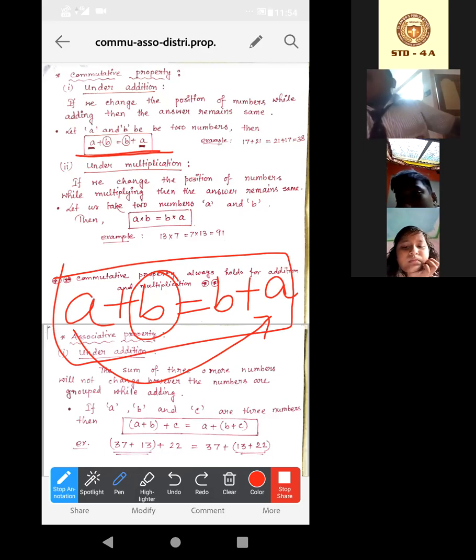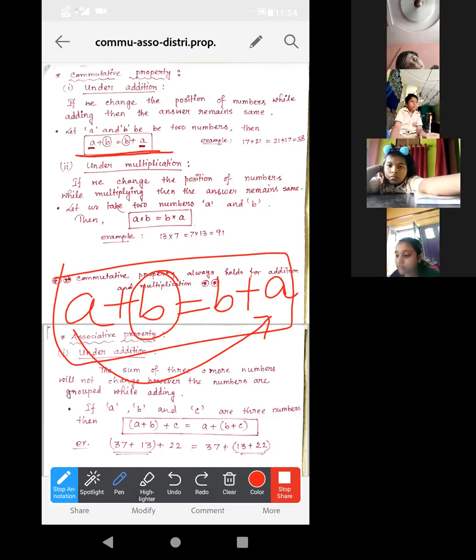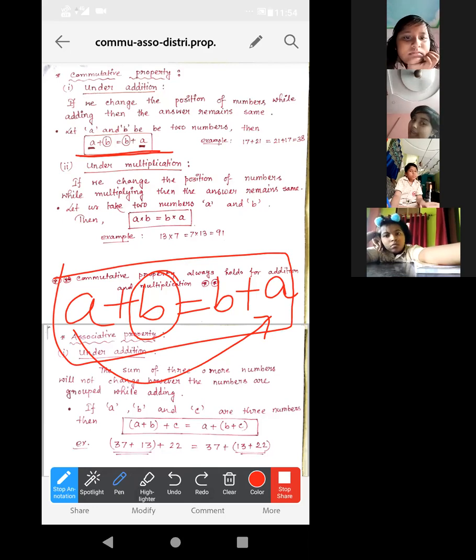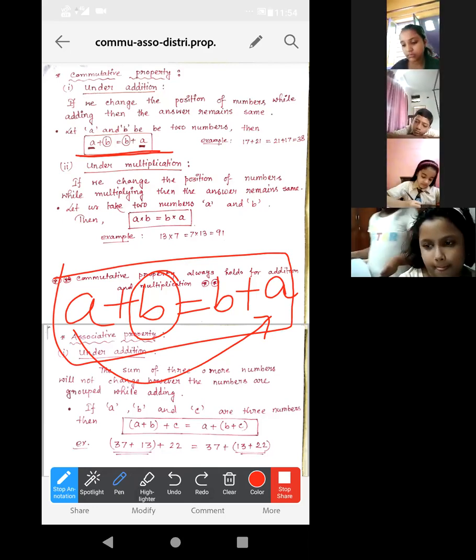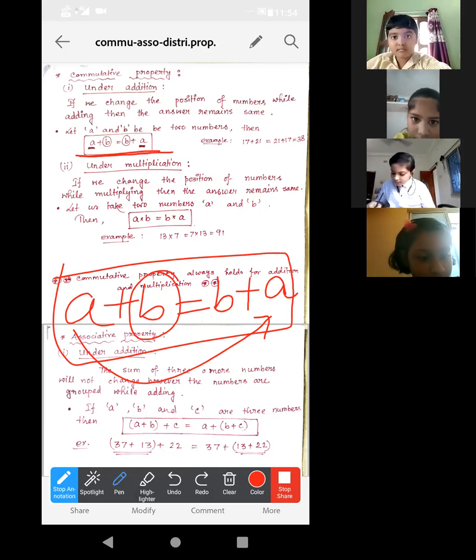Acha, all of you, if you have understood this, shake your head. I want to see all the heads. Have you understood? Yes, okay. Okay, good.